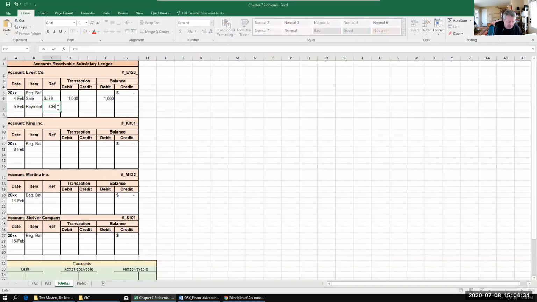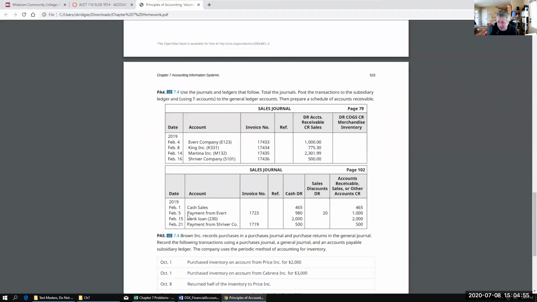You do cash receipts or cash receipts journal. Either one of those will work. 2 and the credit, $1,000, and just like that, they paid off very promptly how much they owe us, and their account balance at the time of these entries is now 0. And if we look back, I don't think we do anything else with the rest of it. Nothing else from Everett for the rest of the month, so that's what theirs is going to be.